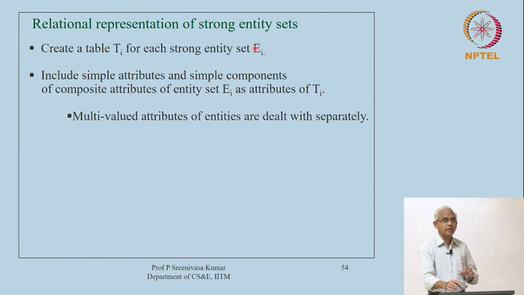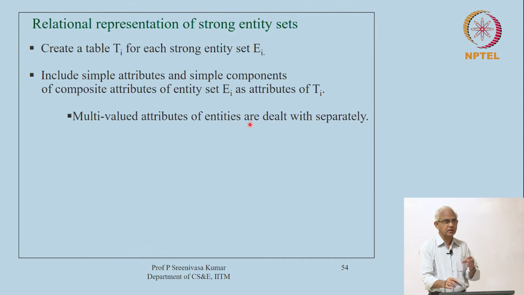Okay. So basically you might also realize here that we are in some sense losing some information. Like for example, while modeling a person, we might say that the name has two components, the last name and the first name. Okay. And these two things together are called name. That's how the model had it as a composite attribute.